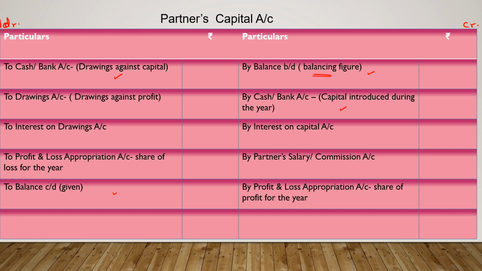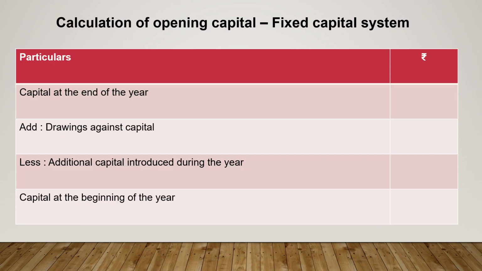So you will be writing the closing capital, the drawings against capital, and you will be subtracting the capital introduced to arrive at the balancing figure, which would be the opening capital. So this is as simple when you prepare the capital account. Now, using the statement method, I will show you how to compute the opening capital.